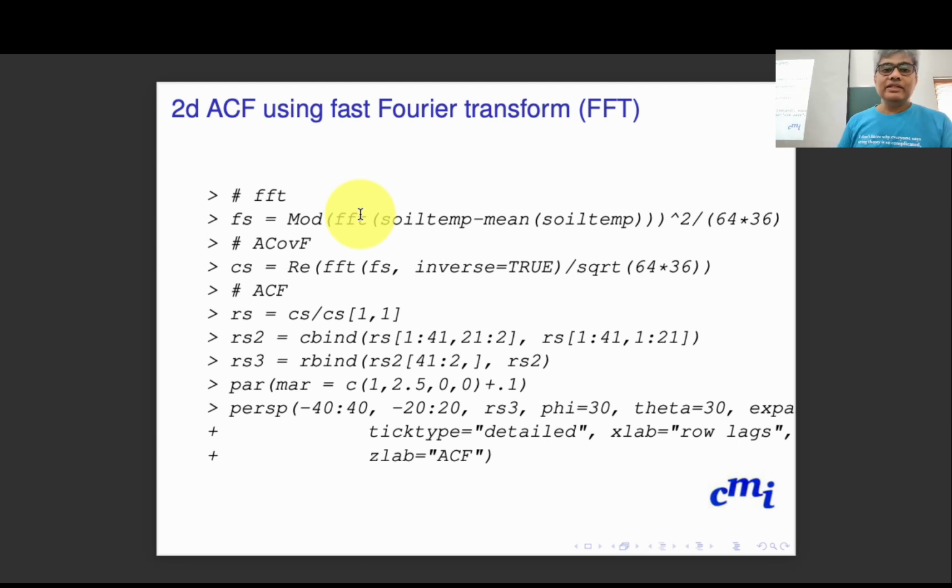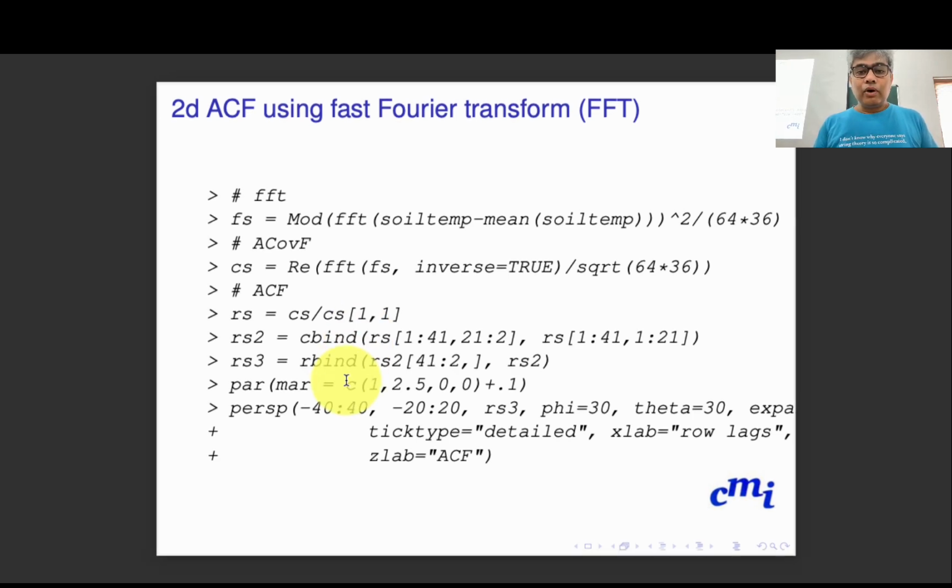Then you take the real part of that, which gives you CS, the stationary covariance value, and if you divide that by CS11, that will give you the correlation values.